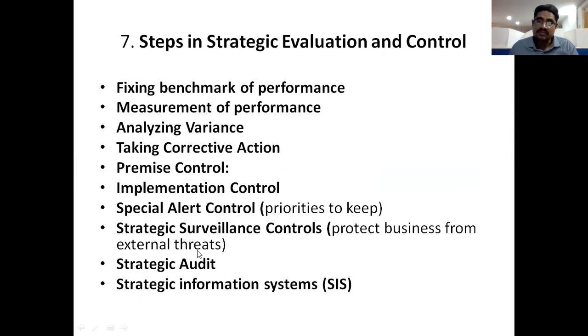These micro environmental factors and macro environmental factors are the causes of threats, right? That is the point here. Protect the business or protect the organization from external problems, external threats. It is called strategic surveillance control. It is one of the steps of evaluation and control of strategies.